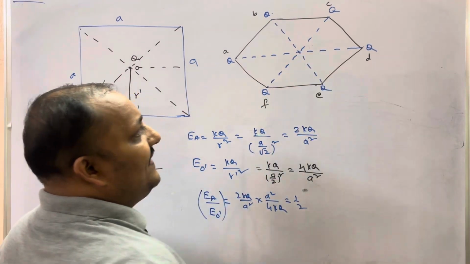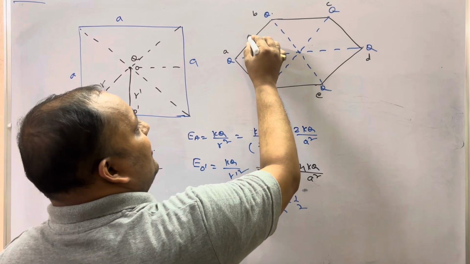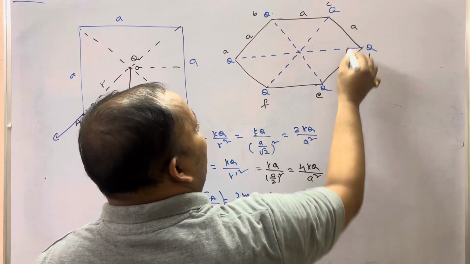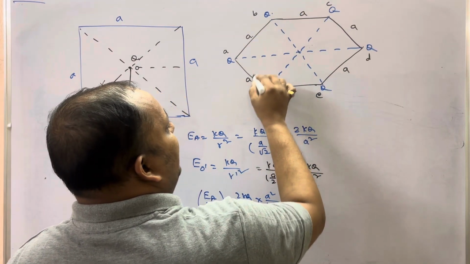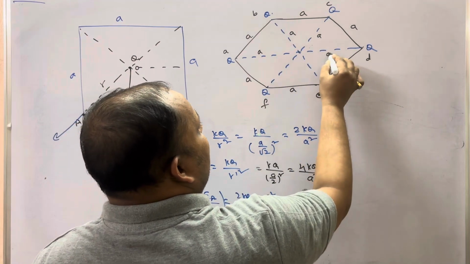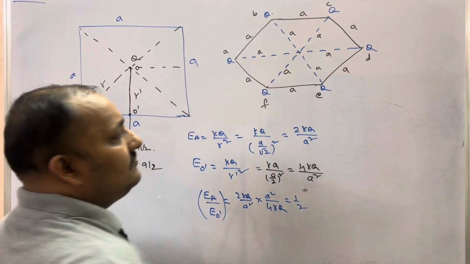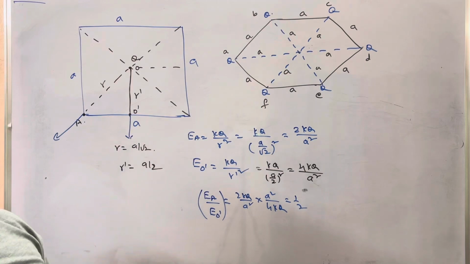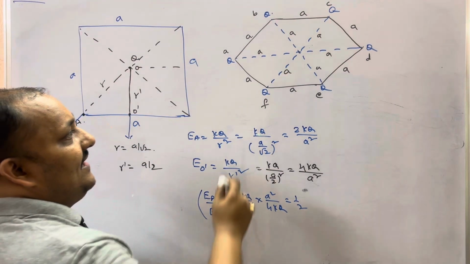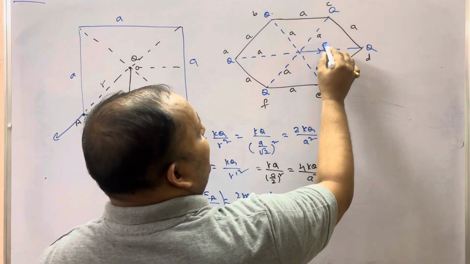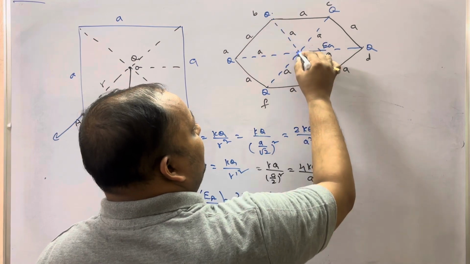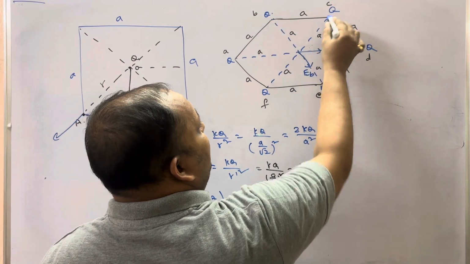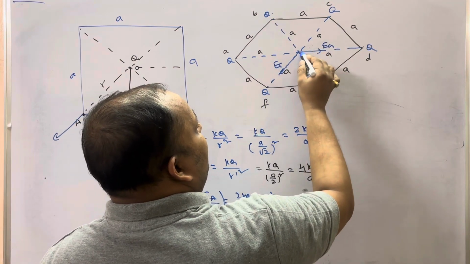They will ask the electric field intensity at the center. All these sides are going to have the same length. Then the distance inside is also going to be the same. Because of EA, what is the direction of the electric field intensity? This is going to be in this direction, EA. EB in this direction. EC like this. ED like this.